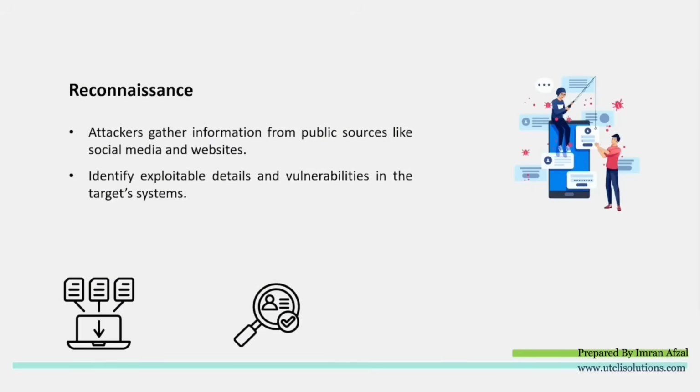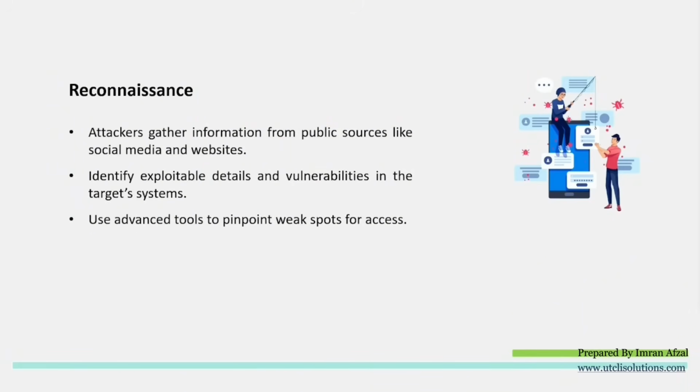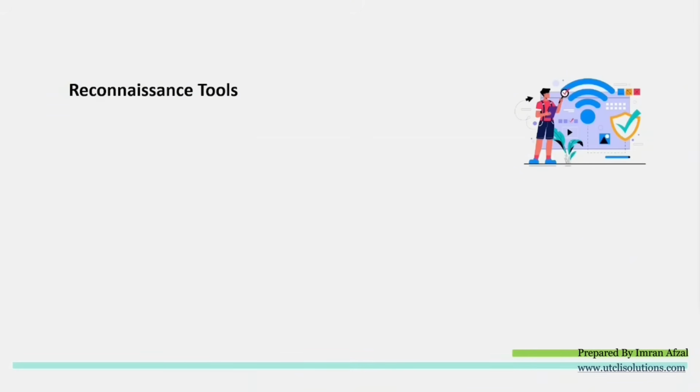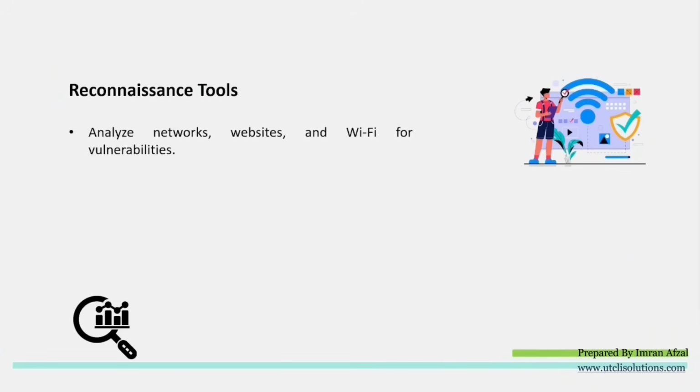Well, once they have gathered enough information, they use different tools to find weak points in the company's network. Think of these tools like high-tech gadgets a spy might use. For instance, they might use a network analyzer to map out and understand the flow of data across a network, which helps them identify vulnerable parts.